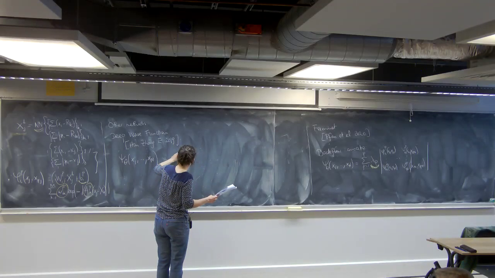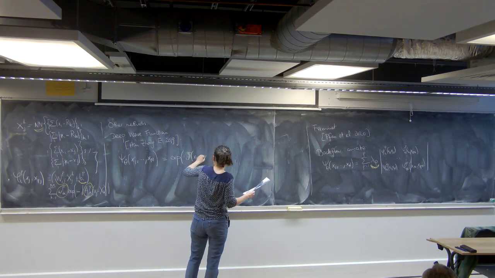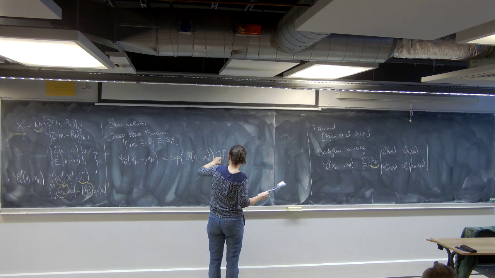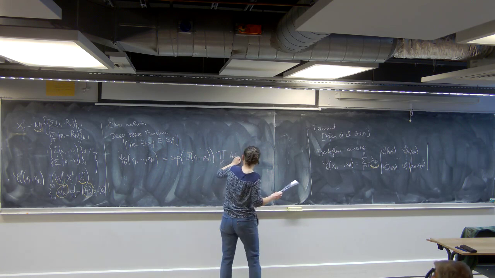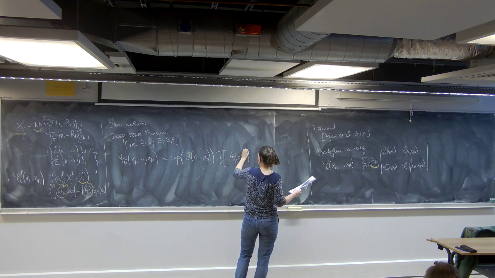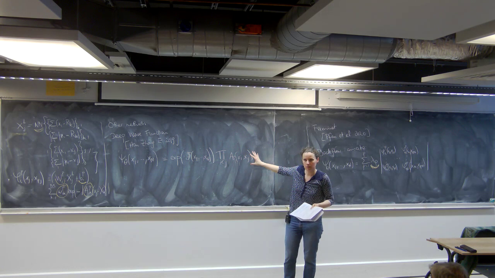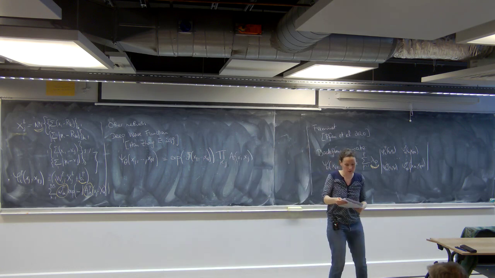So what they do is some kind of Jastrow factor, and then they write a product of some antisymmetric function that only depends on two variables, and then they consider the product for i less than j.